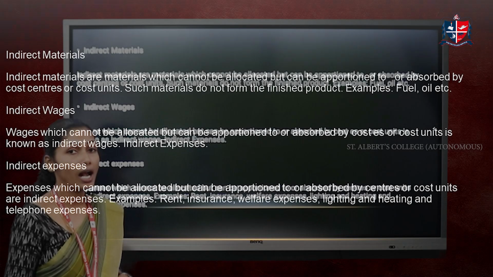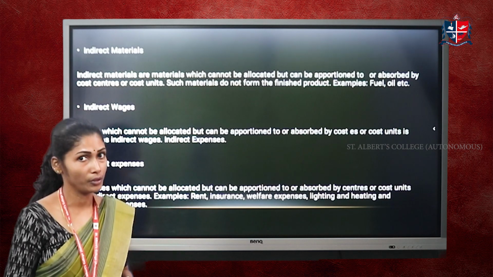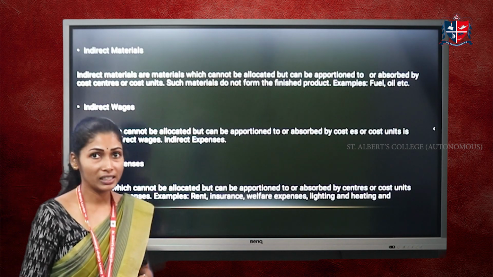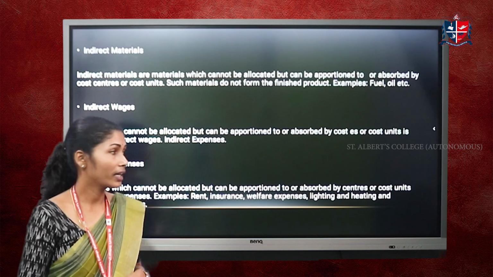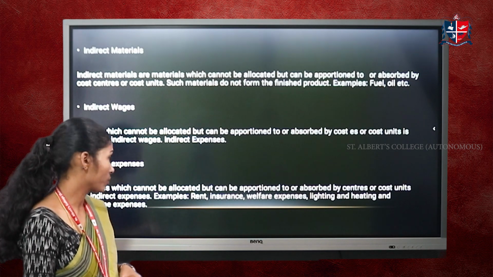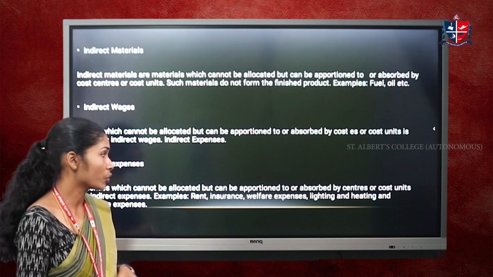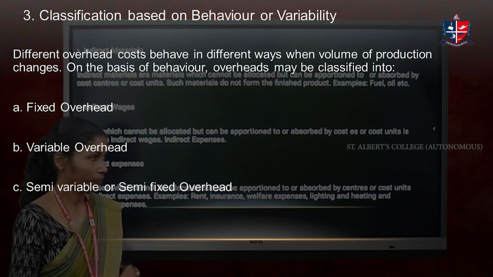Expenses which cannot be allocated but can be apportioned and absorbed by the cost center or cost unit, which are not directly involved in the production process but indirectly affect the production. The best examples for indirect expenses are rent, insurance, welfare expenses, lighting and heating, etc.